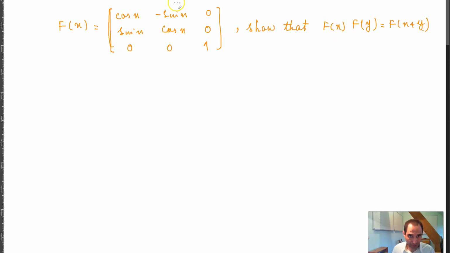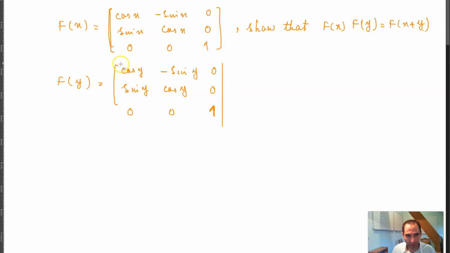When you say f of x is equal to this matrix, then that means that f of y becomes cos of y instead of cos of x, of course. Then negative sine of y, 0. Constants are constants, so they don't change. Sine y, cos y, 0, and 0, 0, 1. Right, so that is what they mean by this.